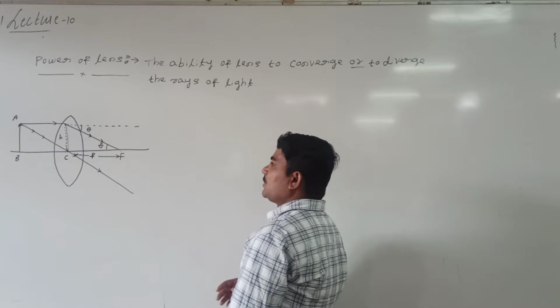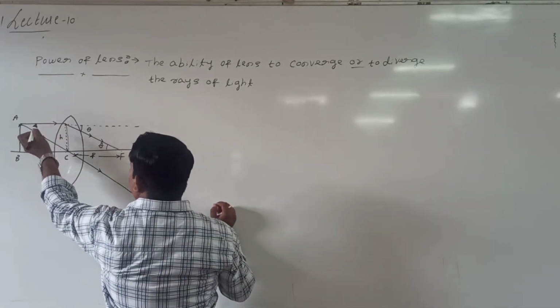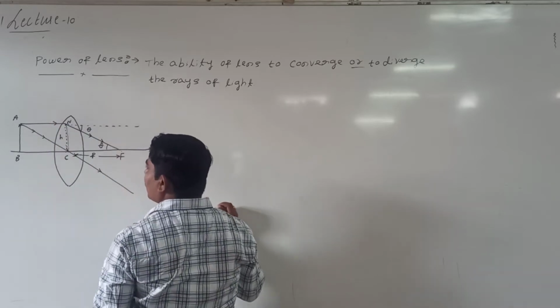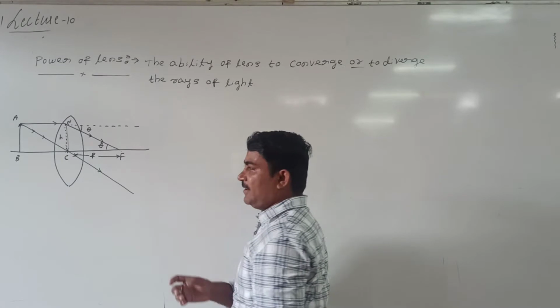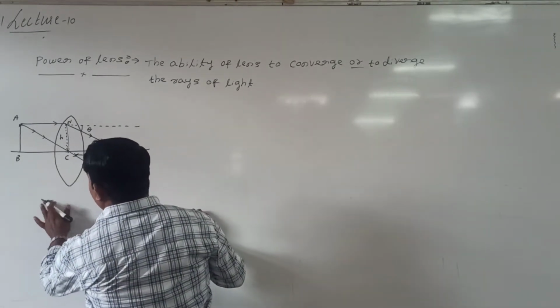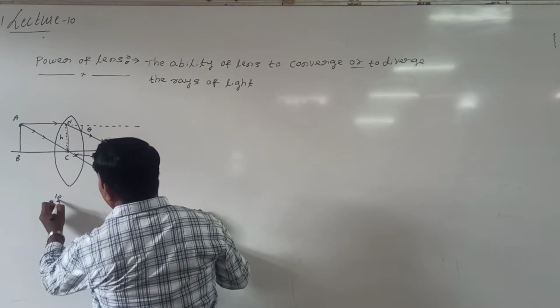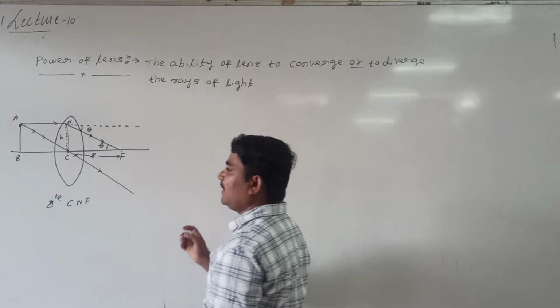Look at me. So this is one triangle. I can take this point as N. CNF looks like one triangle.